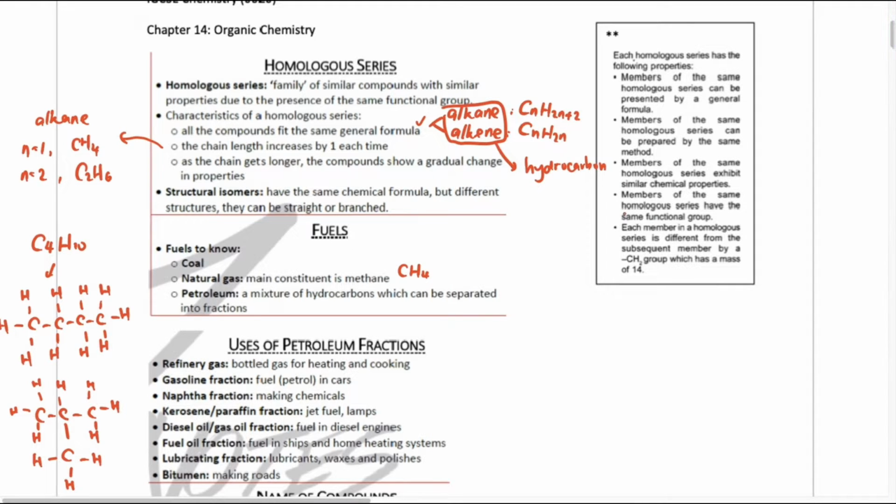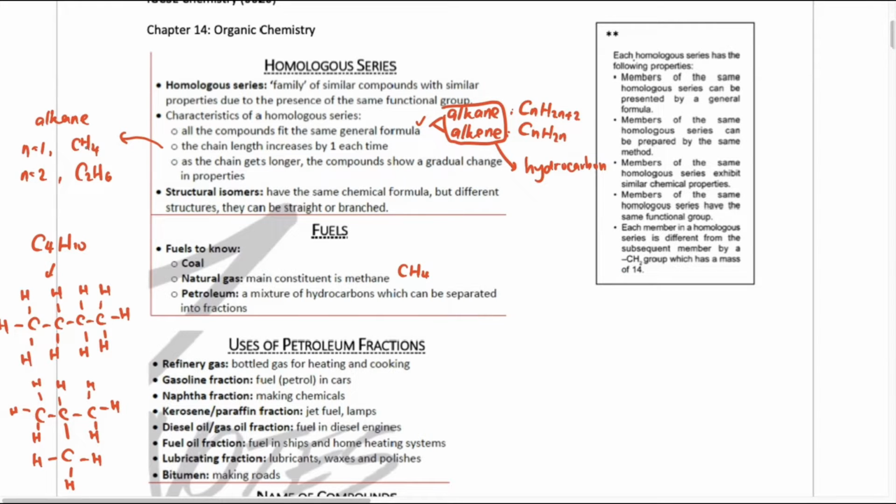Members of the same homologous series have the same functional group. For example, for alkene, the functional group is the C=C double bond. All of the members under alkene have the C=C double bond as the functional group. Functional group means the group involved in chemical reactions. Each member in the homologous series differs from the subsequent member by a CH2.